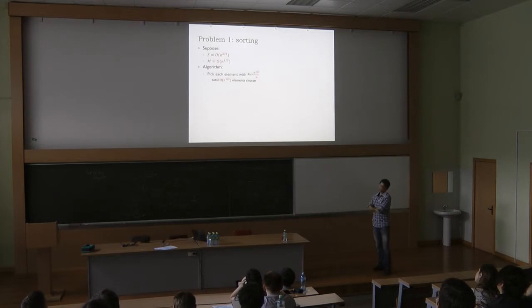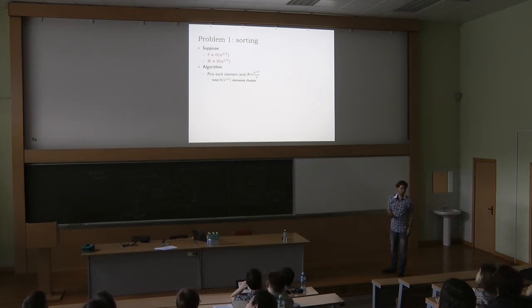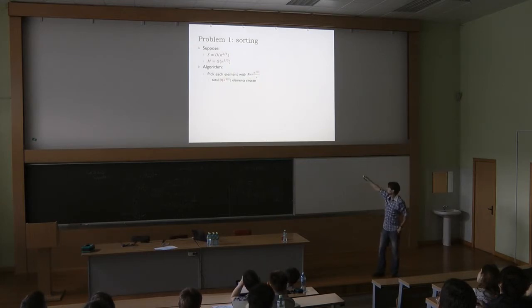Each machine in parallel picks each element as a chosen element with probability root n over n, basically 1 over root n. It's easier to see from here that the total number of chosen elements will be root n.